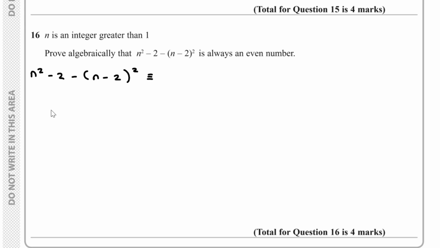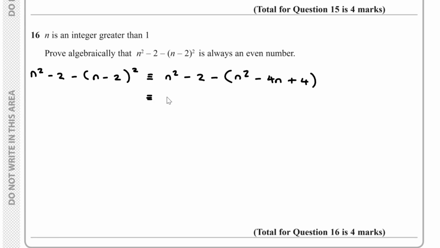And if we try to simplify this as much as we can, we've got n squared minus 2 minus, and then if I expand and simplify (n minus 2) all squared, and notice how I've opened up the bracket here, we end up with, rather here, n squared minus 2n, minus another 2n, that's minus 4n, plus 4.